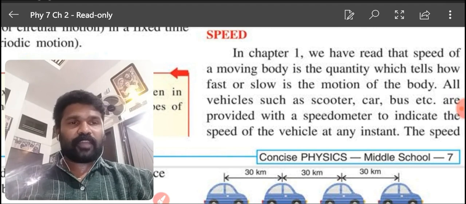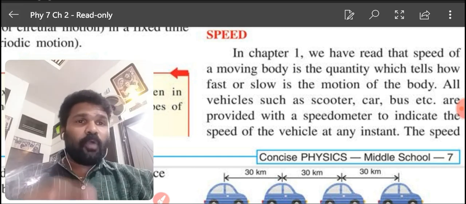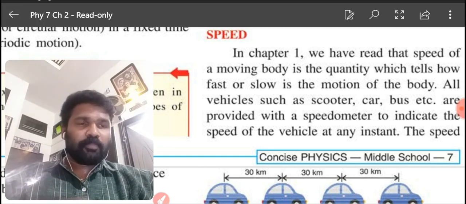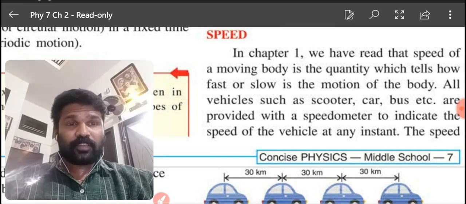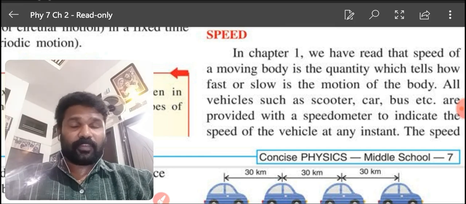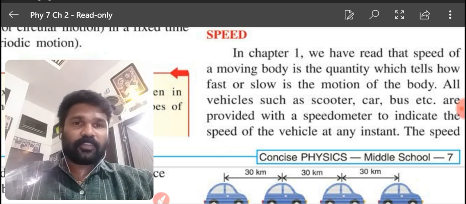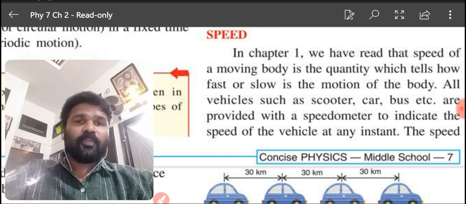All vehicles such as scooter, car, bus, etc. are provided with a speedometer to indicate the speed of the vehicle at any instant. You might have seen that nowadays a digital speedometer is there in every vehicle. It shows how fast the particular vehicle is moving.